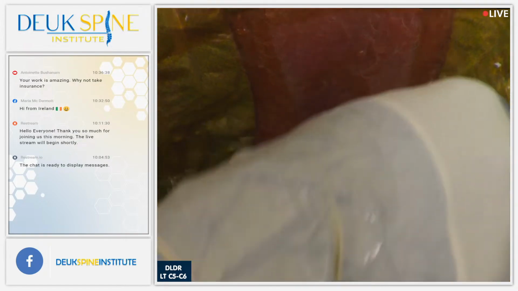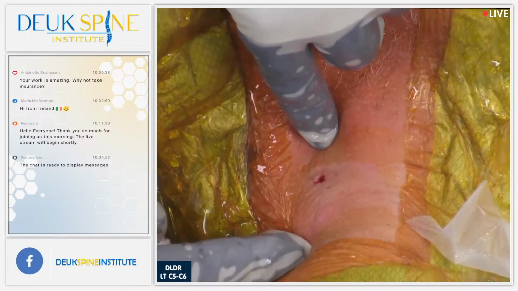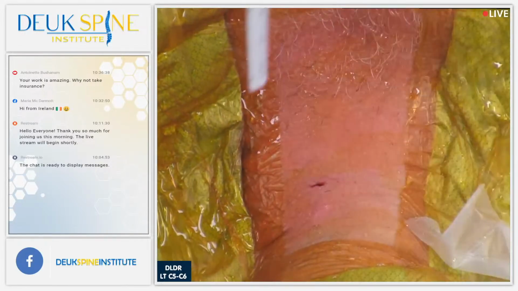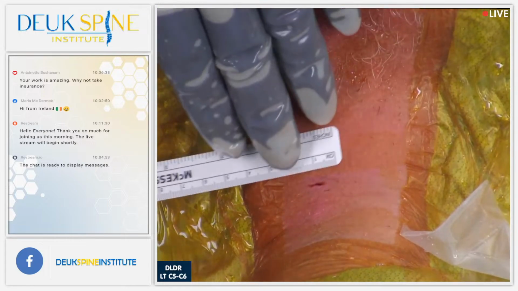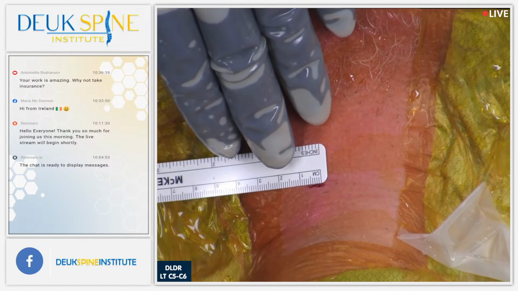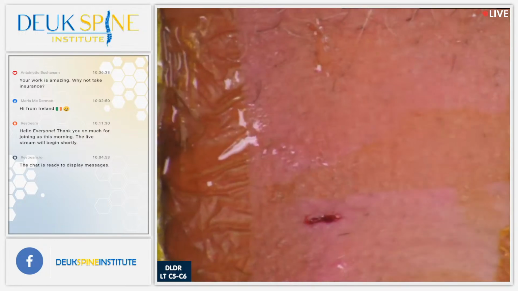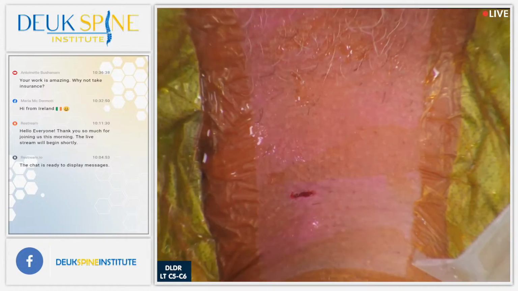All right, Henry, let's show the audience the incision. You ready? Yes, sir. Look at that right there. Okay. 4 millimeters, 4.5 millimeters. You see that? Yes, we do. Wonderful. So that's it.